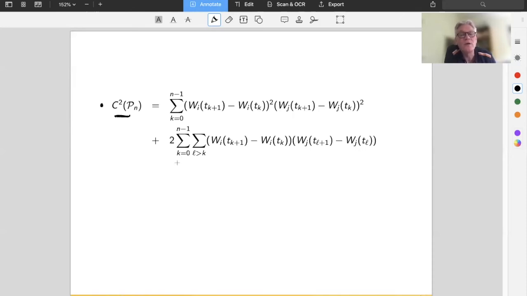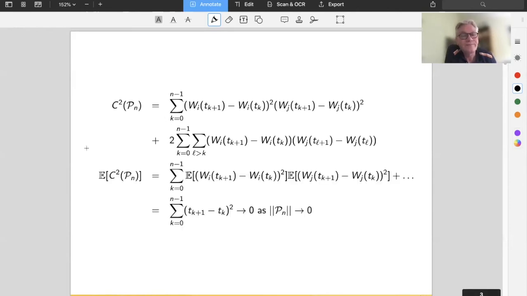The good news is, of course, that increments are independent, as we have shown in the properties. So the expectation of this multiplication is the multiplication of the individual expectations. So we can write that down.